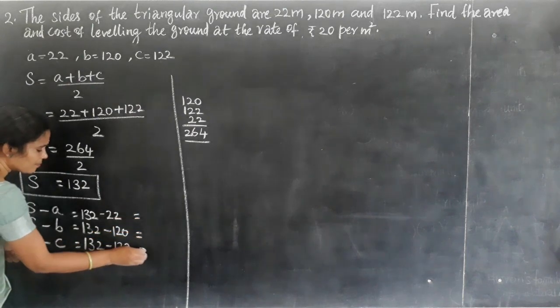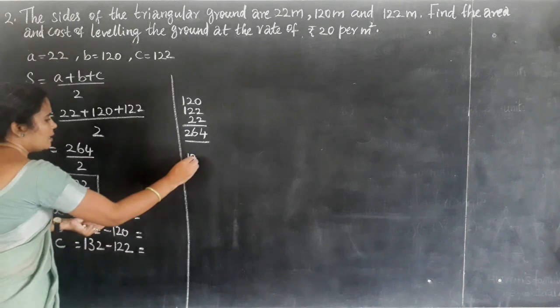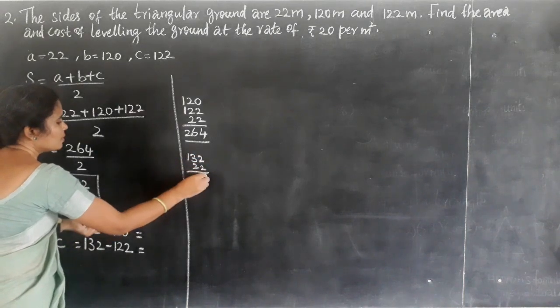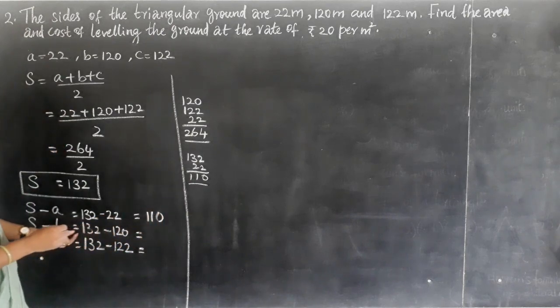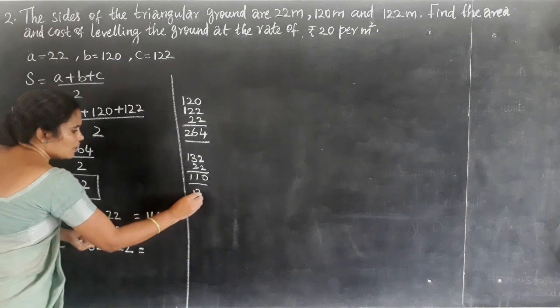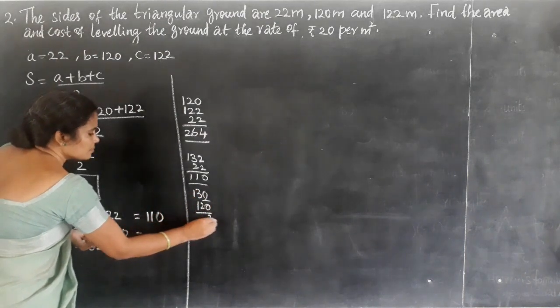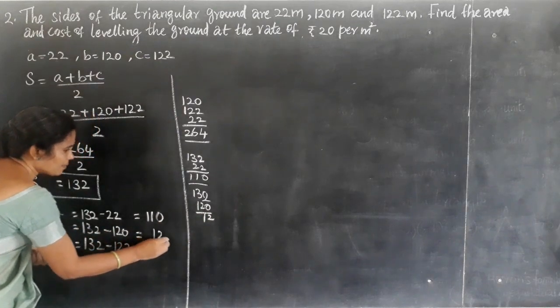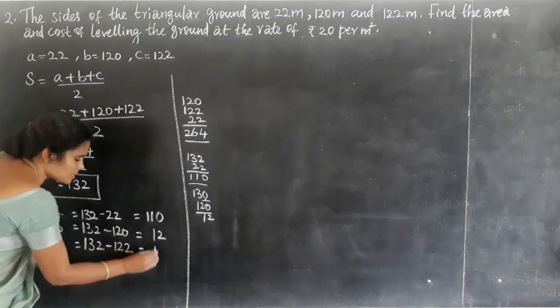Now subtract. 132 minus 22 is 110, and 132 minus 120 is 12, and 132 minus 122 is 10.